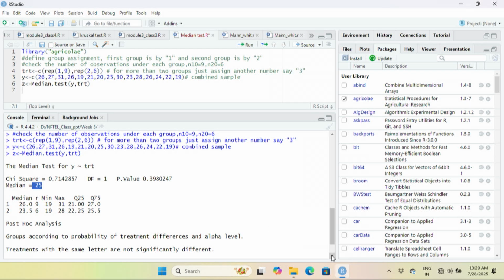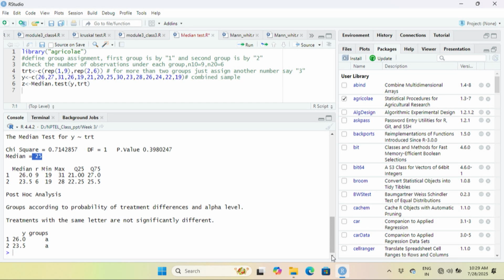The most interesting part, to which I would like to draw your attention, is the post hoc analysis. What does post hoc analysis mean? Post hoc analysis identifies which specific group pair is different. In this particular problem, there are only 2 groups, so it is easier.